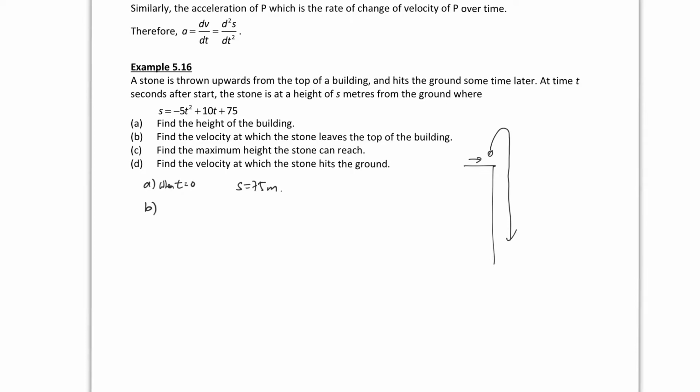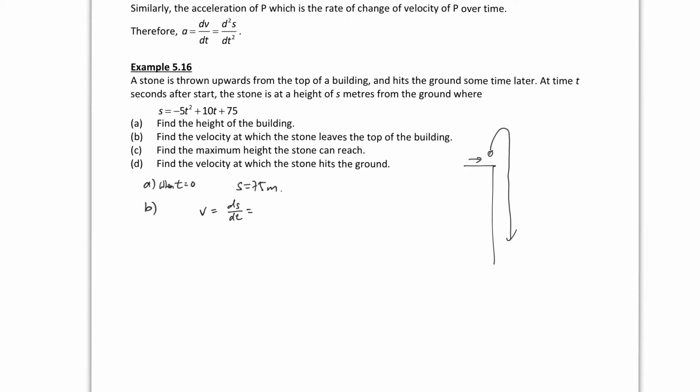Part B, find the velocity at which the stone left the top of the building. That means what is the velocity when t is equal to 0? I have one formula: s is equal to negative 5t squared plus 10t plus 75. I need to find the velocity. Velocity is equal to ds over dt.